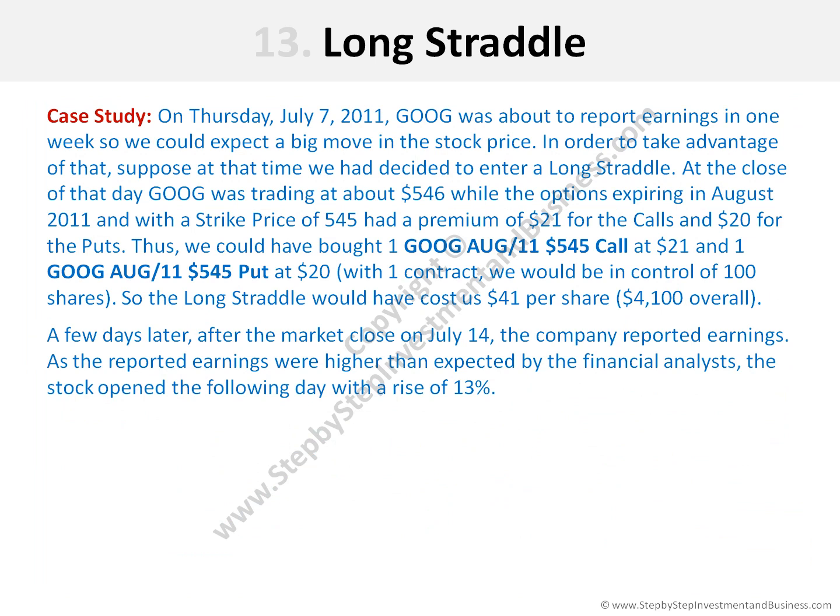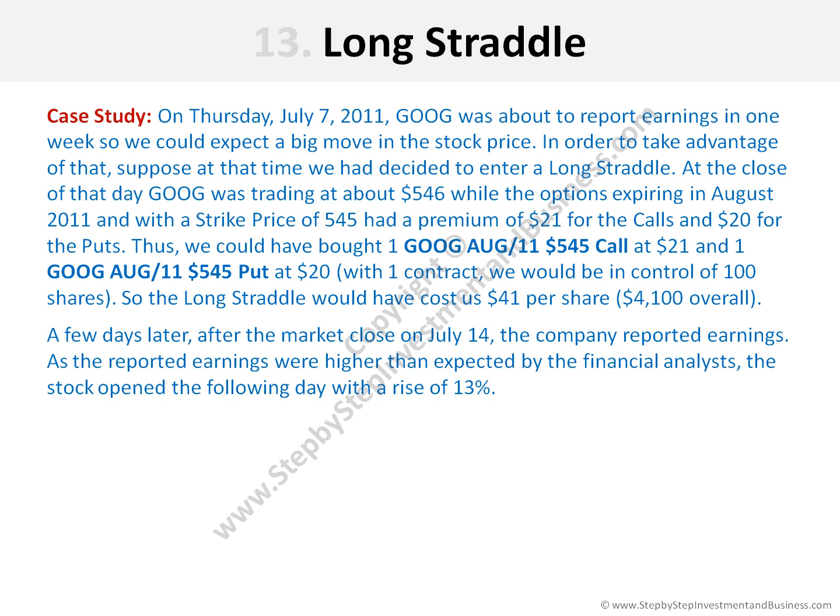At the close of that day, Google was trading at about $546, while the options expiring in August 2011 with a strike price of $545 had a premium of $21 for the calls and $20 for the puts.